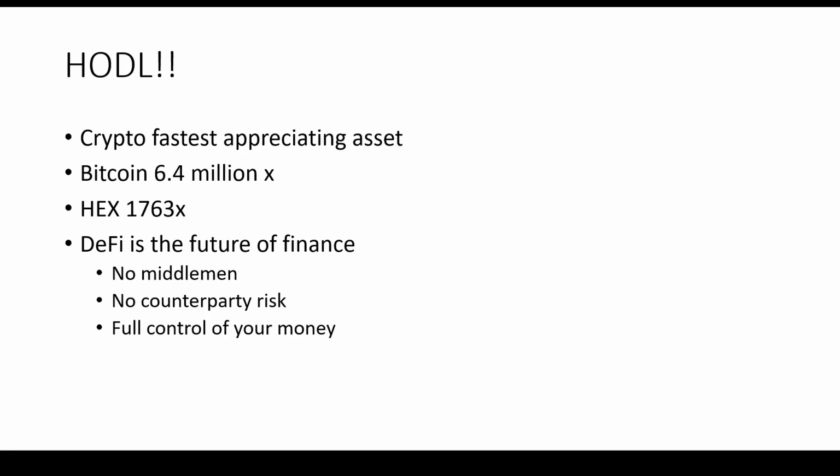I want you to keep in mind that crypto is the fastest appreciating financial asset on earth. Nothing has appreciated faster in value than crypto. To give you an example, Bitcoin back in 2009 was trading for, I believe, around 4 Bitcoin per penny.